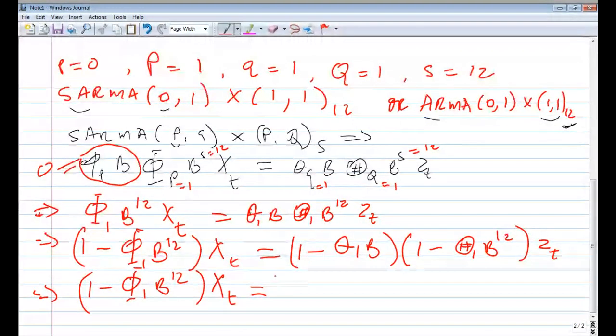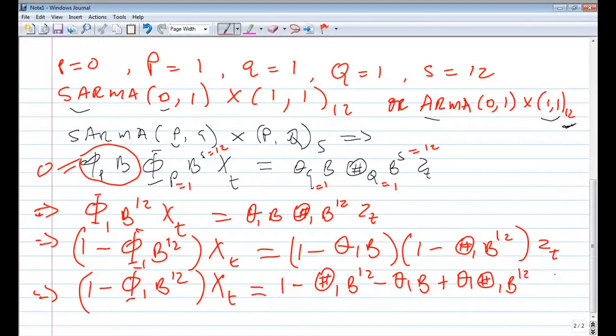You're going to get something like this: (1 minus capital theta 1 B to the power 12, then minus theta 1 B, then plus theta 1 capital theta 1 B to the power 13) z_t. So this is our SARMA (0, 1, 1, 1)12 in backshift operator. You can write it in a normal way, in other words, in x_t, x_t minus 1, x_t minus 2, and so on.